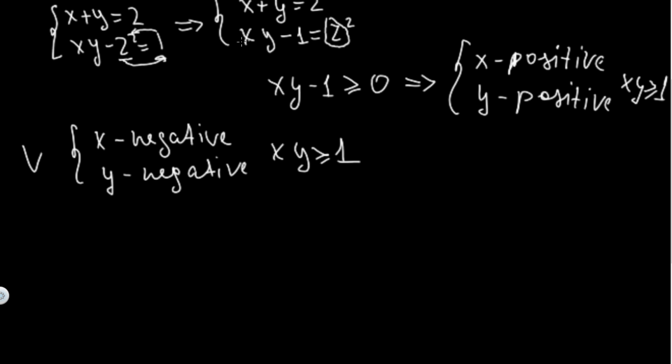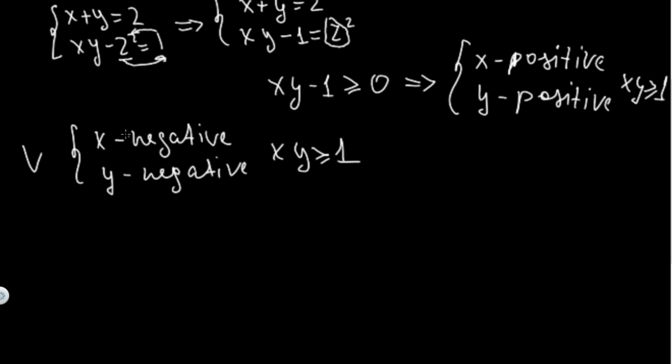But we also have the first equation, and they are related. Let us check the first equation. If x is positive and y is positive, positive plus positive gives a positive number, and we can find x and y to get 2. What about negative? If x and y are both negative, then adding two negative numbers in the real numbers field you will always get a negative number.